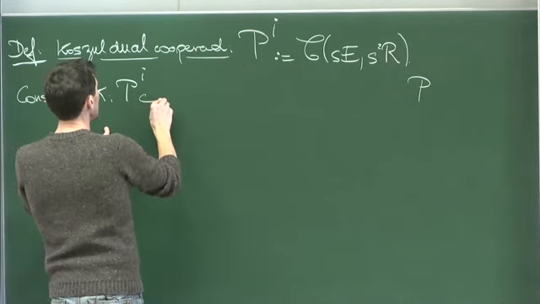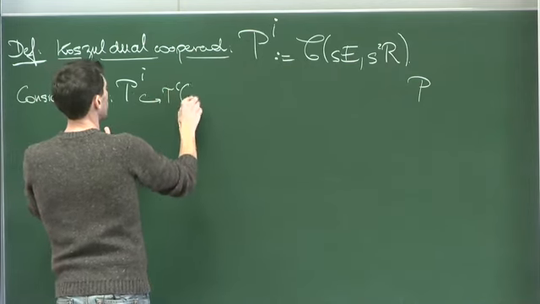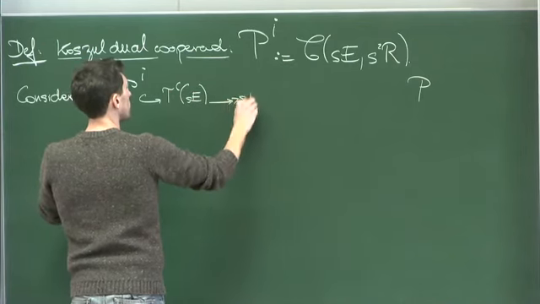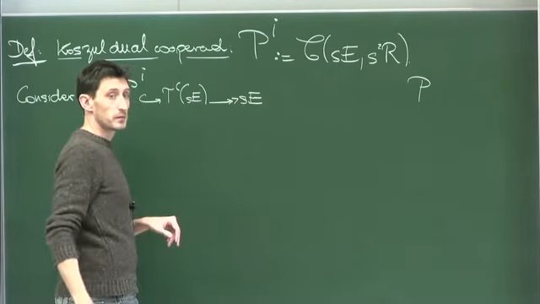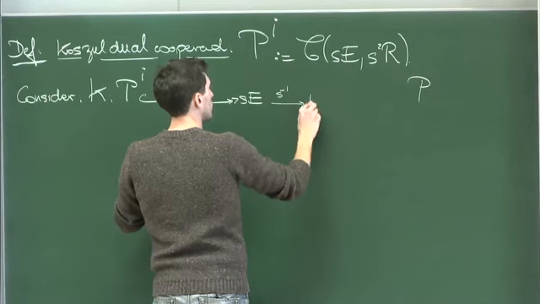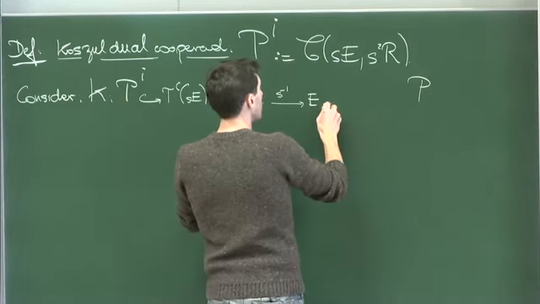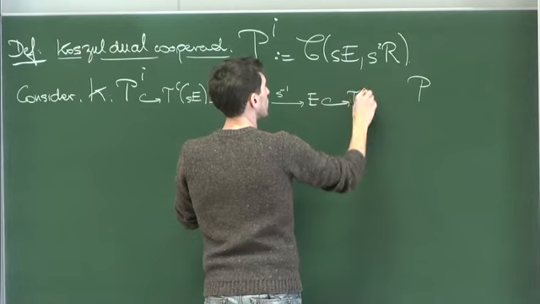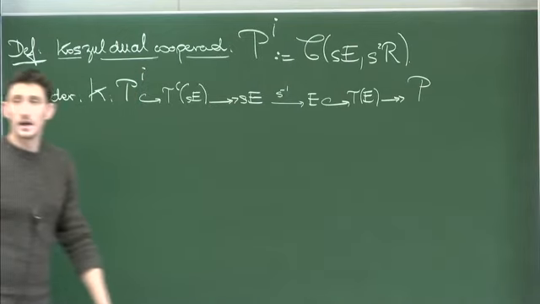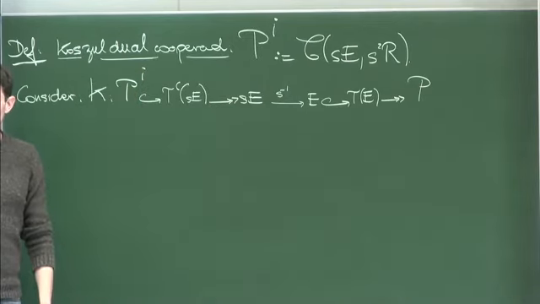P anti-shriek lives in the co-free co-operad on the suspension of E. Let me kill everybody except for the generators. You just desuspend the generators. You get guys in E. With guys in E, they live in the free operad of E. It projects onto P. That's exactly the same formula as last time.